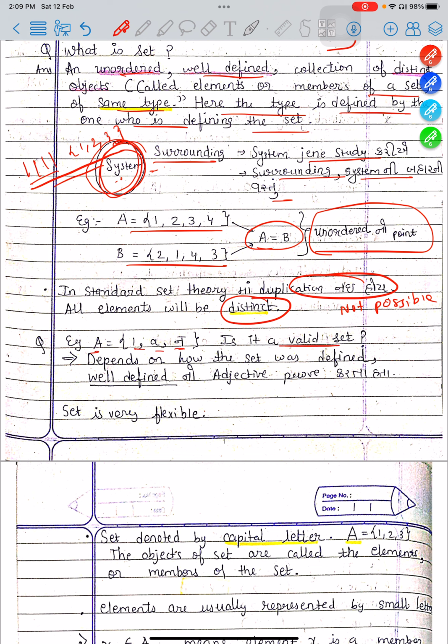Consider a set A equals {1, A, and the Hindi letter}. Is it a valid set? I don't know the definition. How was this set defined? Maybe it was the set of x such that x belongs to the first symbol of a number or alphabet, or Hindi alphabet.